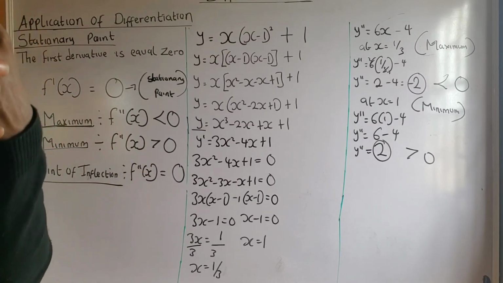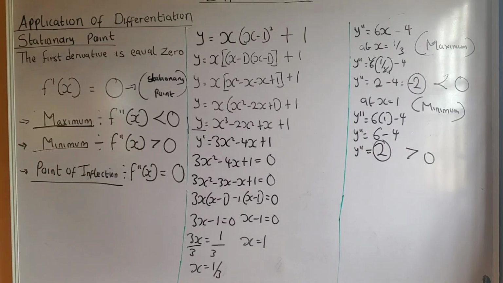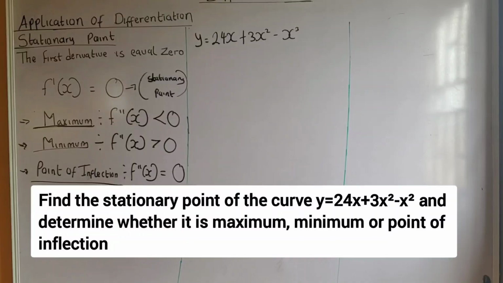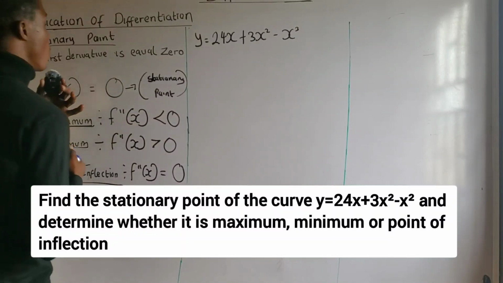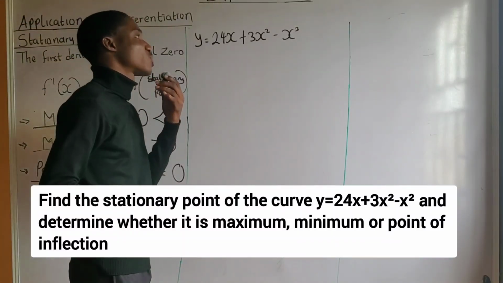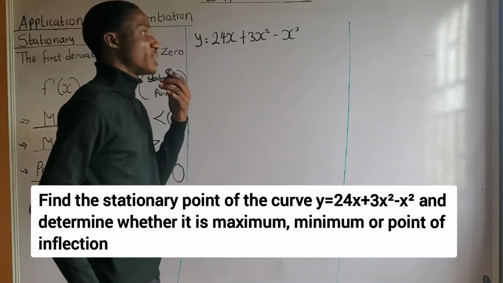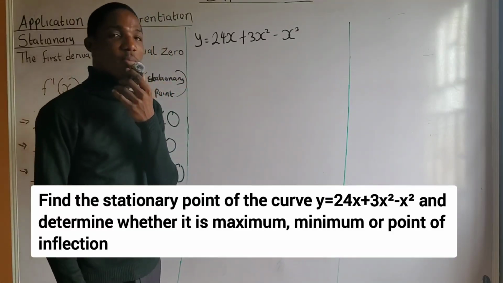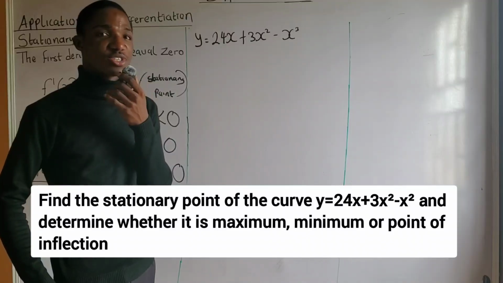Now let us look at more worked examples on stationary points. Find the stationary points of the function y equals 24x plus 3x squared minus x raised to the power of 3 and determine whether they are maximum, minimum, or point of inflection.